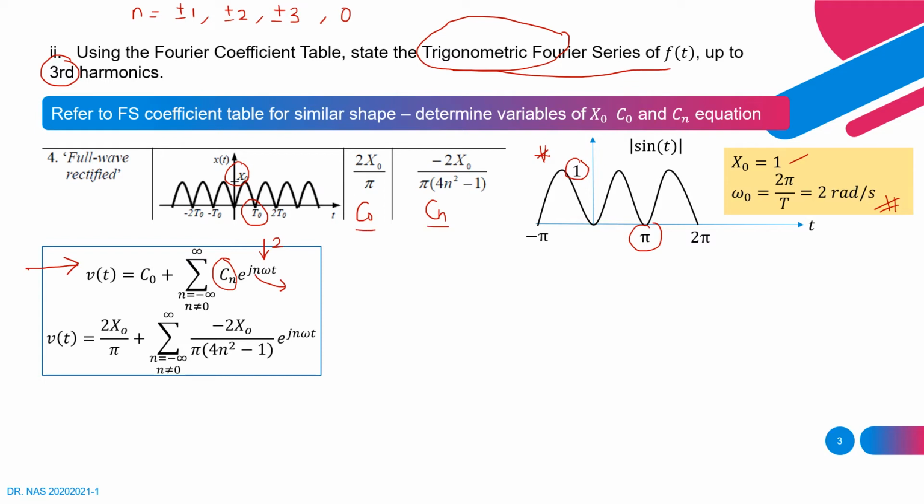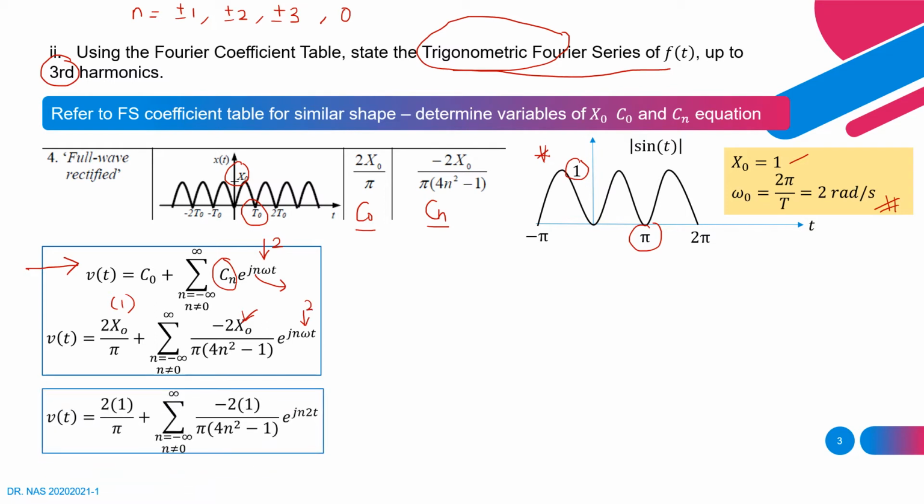In this case, C0 equals 2 x0 over pi, in which x0 equals 1, and Cn is x0 divided by pi (4n squared minus 1). Replace the x0 and omega values, so you get the general equation of the Fourier series.